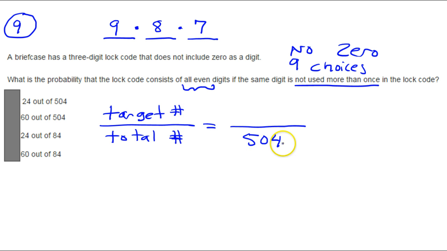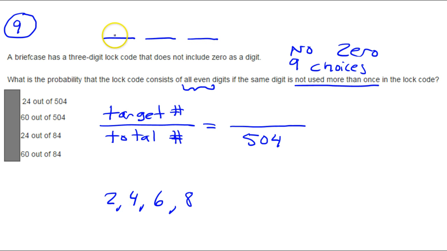Now, how many of those 504 possibilities involve all even digits? The even digits are 2, 4, 6, and 8. Those are the only even digits, so there are 4 of them. If I'm going to have all even digits, again I'm going to use the fundamental counting principle.